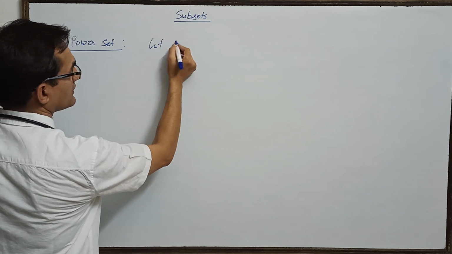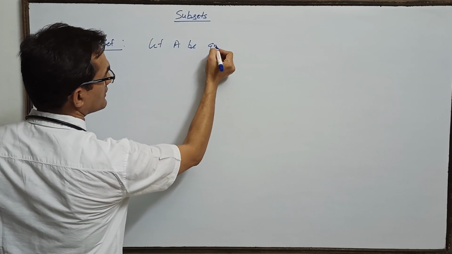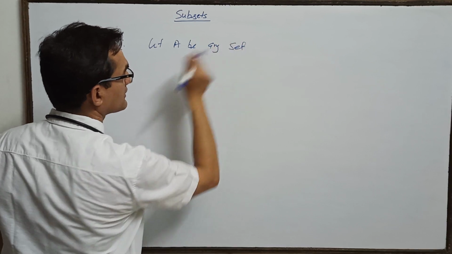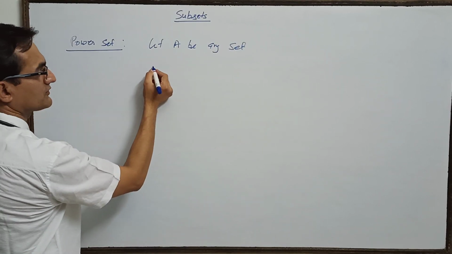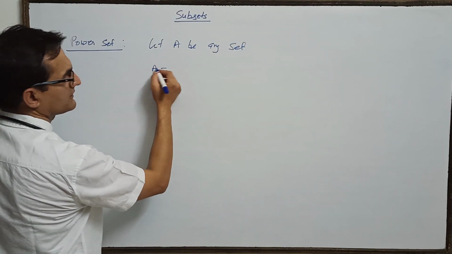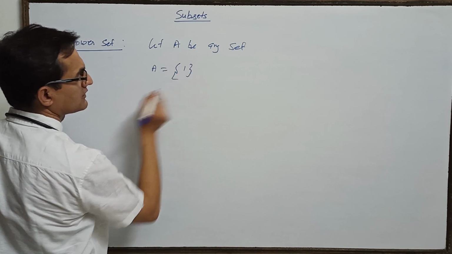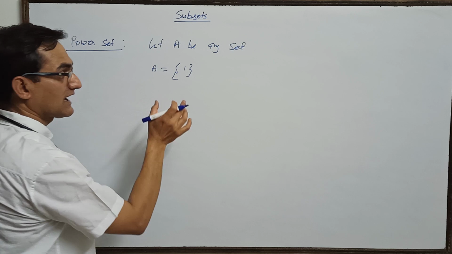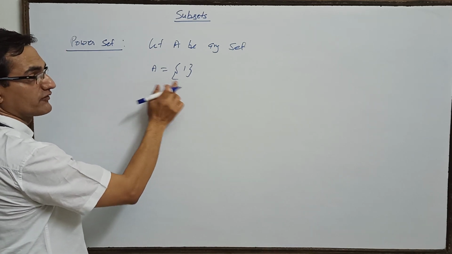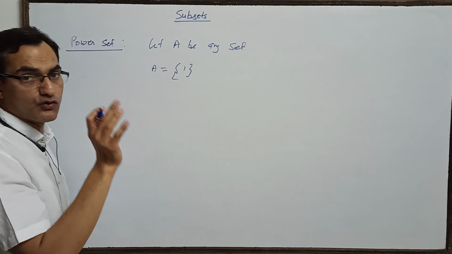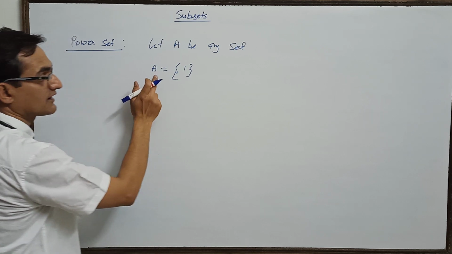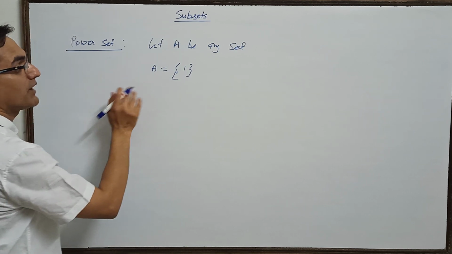Let A be any set. Let's suppose A has element 1. The collection of all the subsets of set A is called the power set.